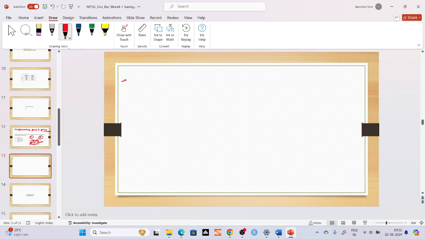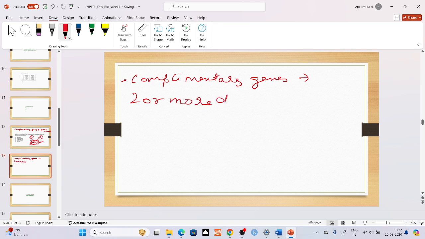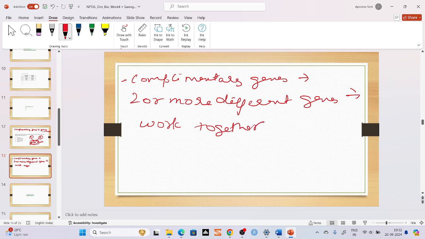Second, complementary genes are simultaneously expressed in the phenotype.